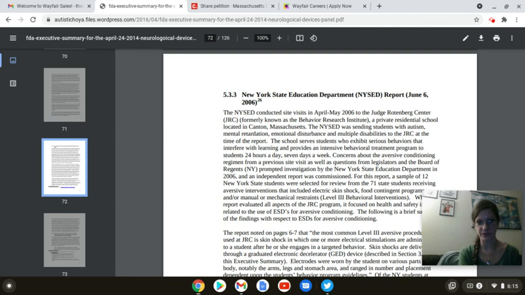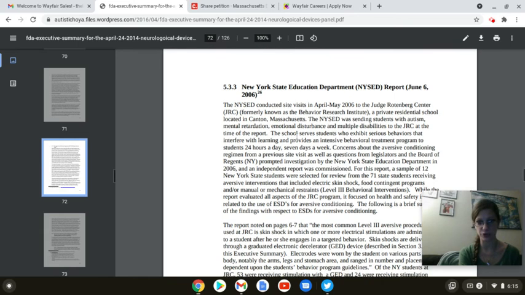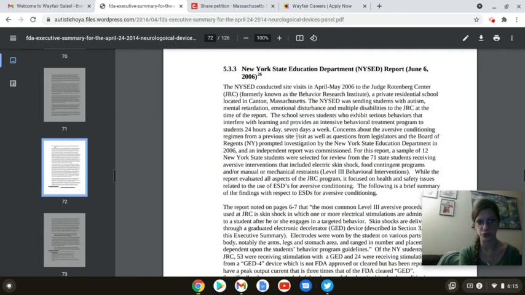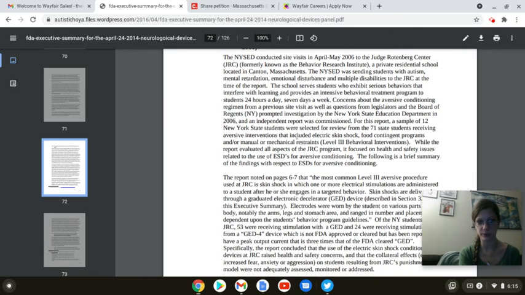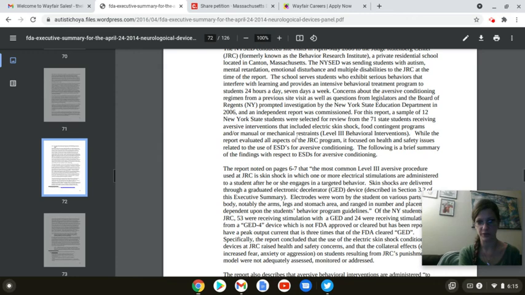Concerns about the adverse conditioning regimen from a previous site visit, as well as questions from legislators and the Board of Regents, New York, prompted an investigation by the New York State Education Department in 2006, and an independent report was commissioned. For this report, a sample of 12 New York State students were selected for review from the 71 state students receiving aversive interventions that included electric skin shock, food contingent programs.